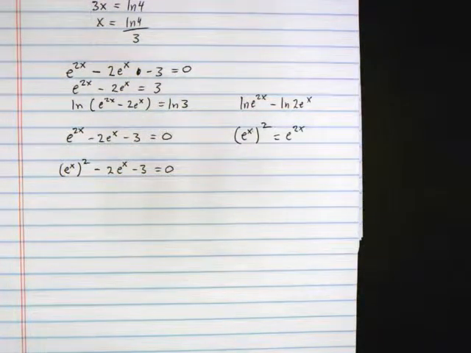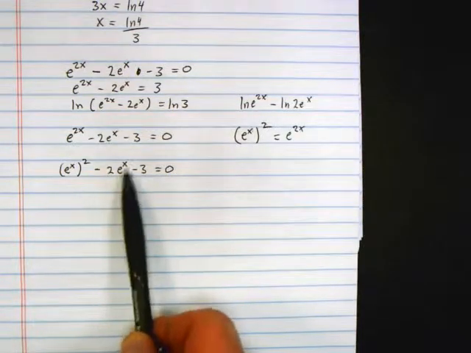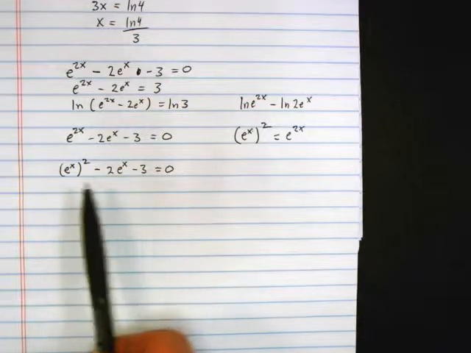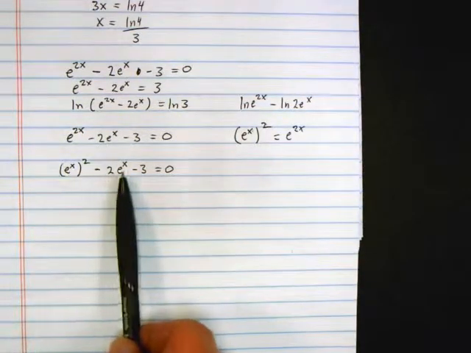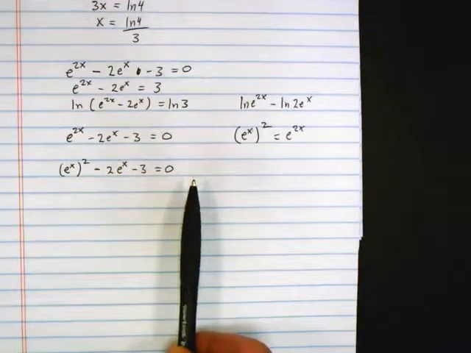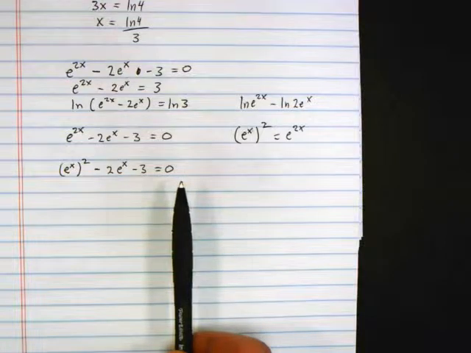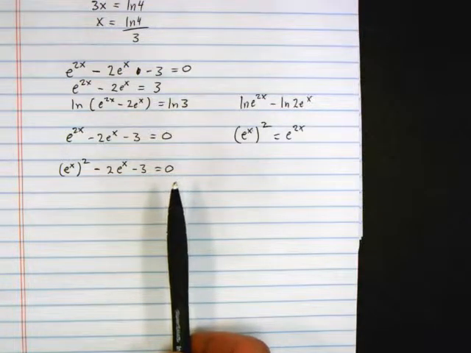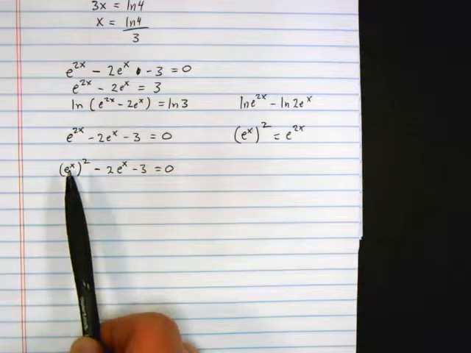Just for a minute, pretend that this is an e to the x here and this is an e to the x there. Pretend that they're just the letter y. What would you do if you had y squared minus 2y minus 3 equals 0? You would factor. It's a quadratic equation. That's exactly what we're going to do here. Except we're not going to have the letter y. We're just going to have the symbol e to the x.